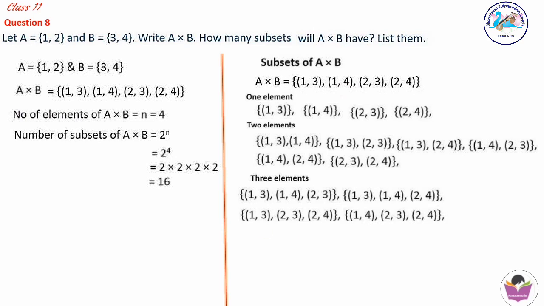Next (1,4),(2,3),(2,4), where the first is removed. Then with four elements, the entire set A cross B comes: (1,3),(1,4),(2,3),(2,4). Next there is one more remaining, which everybody knows, the null set. So these are the subsets.